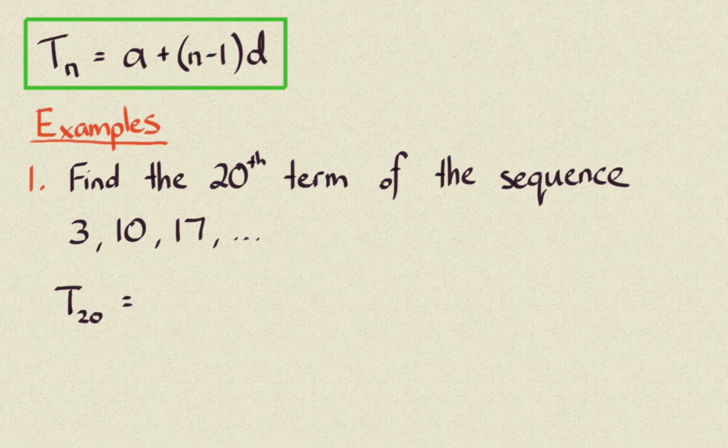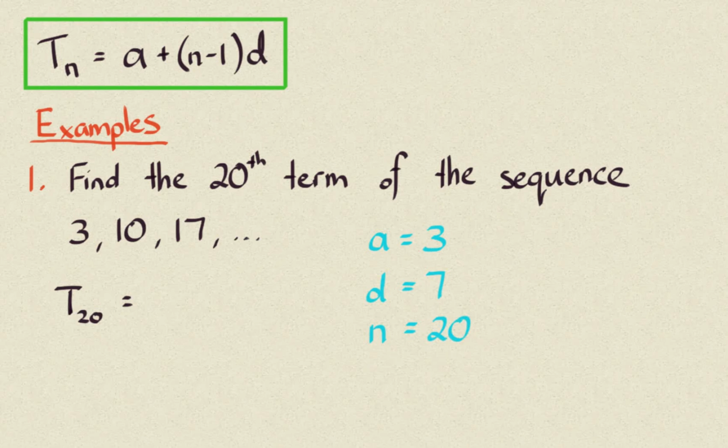But first of all, it's worth just noting down what some of our values are. So A, which is our first term, is equal to 3. D, the common difference, we can see is 7. And N, well, we're after the 20th term, so N is 20.